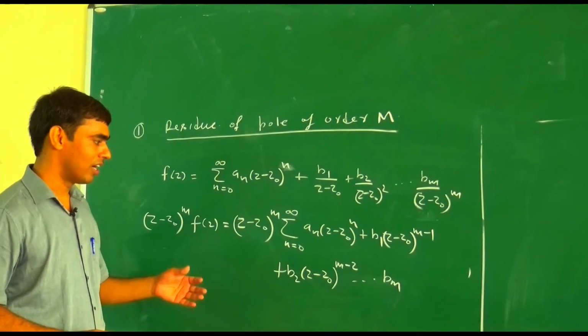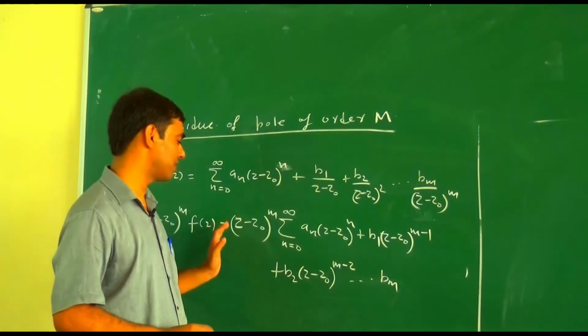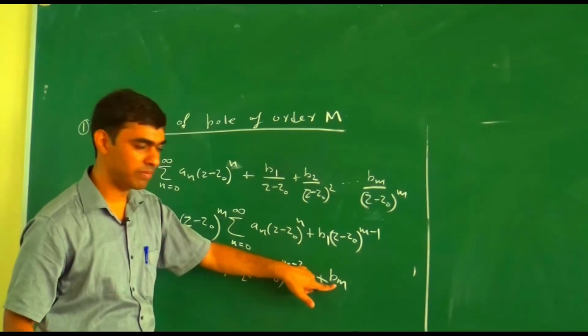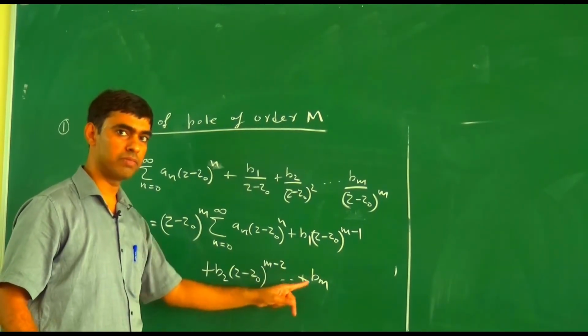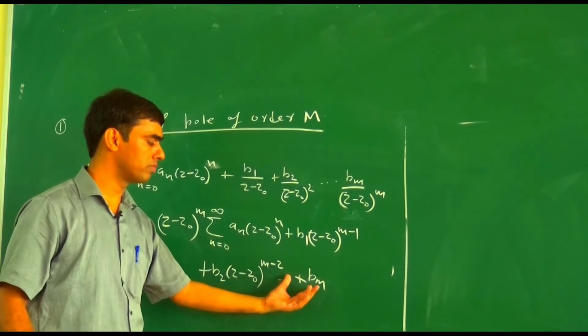So how do we find this? If we differentiate the left hand side and right hand side, bm is a constant term. If we differentiate one time, this term becomes 0 and the previous term becomes a constant. If we differentiate 2 times, 2 terms become 0.